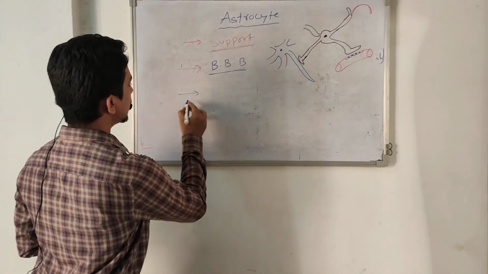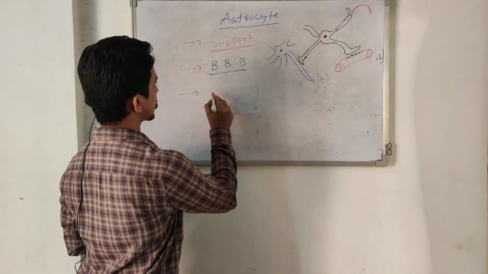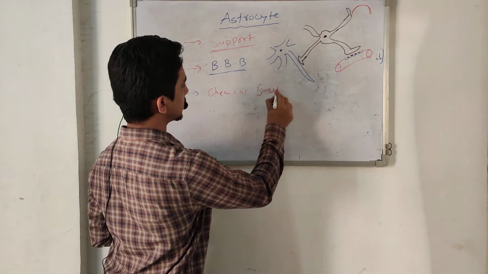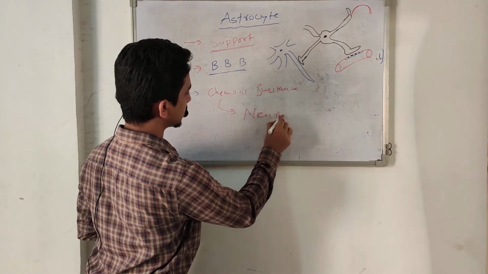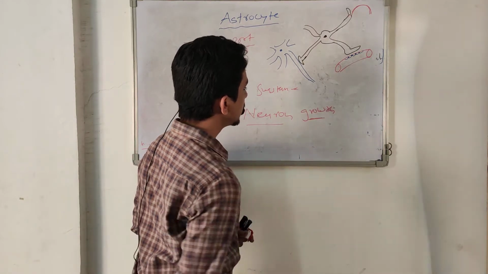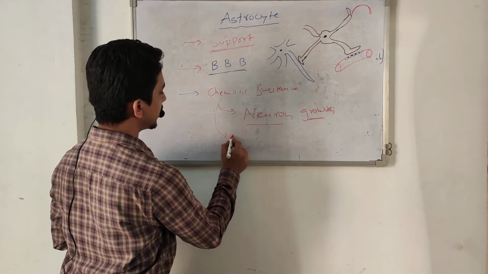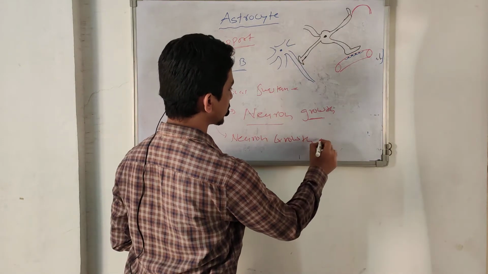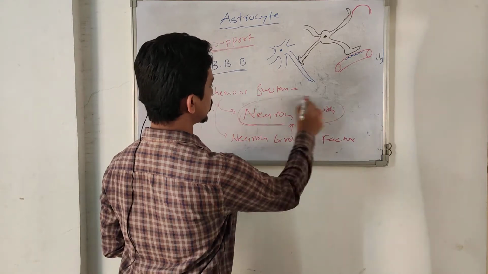Next, during intrauterine life or development, they produce chemical substances responsible for neuron growth. They secrete chemical factors called neuron growth factors, different types of which are responsible for the development of neurons.